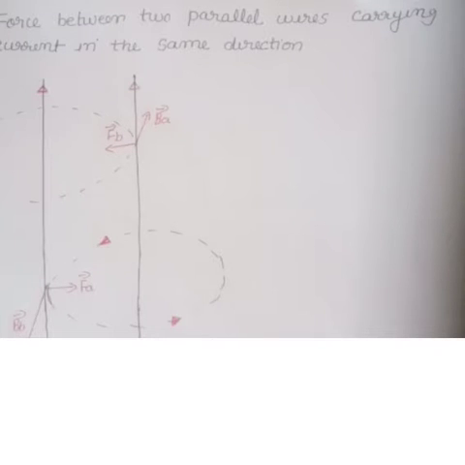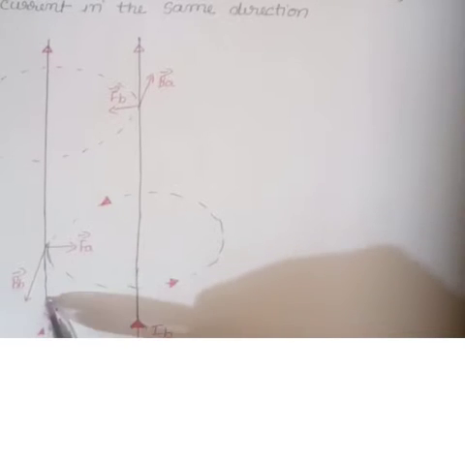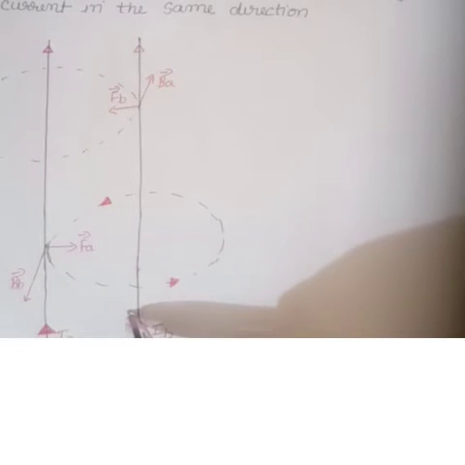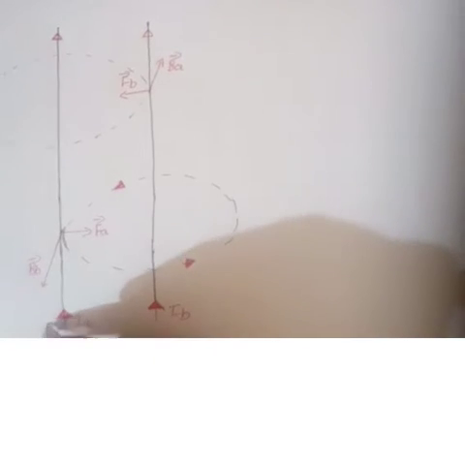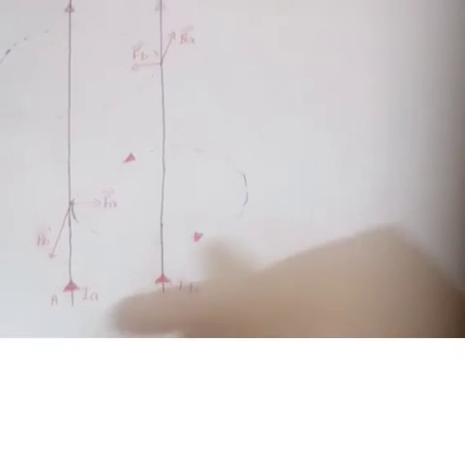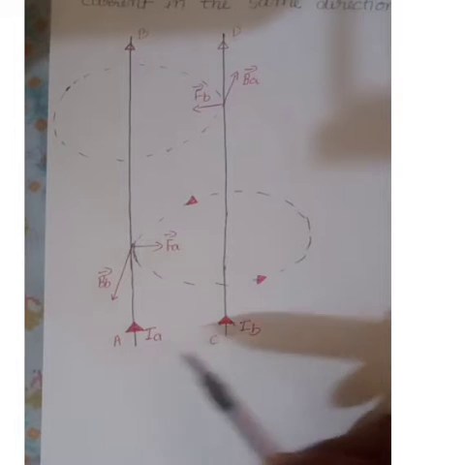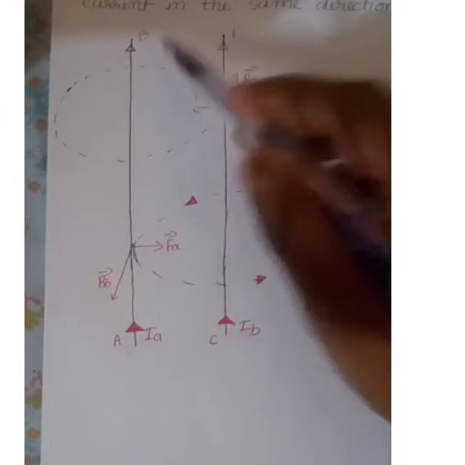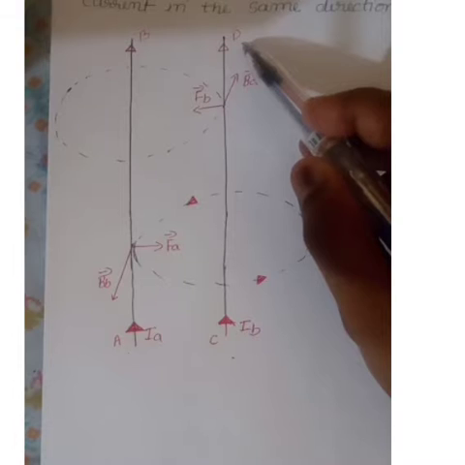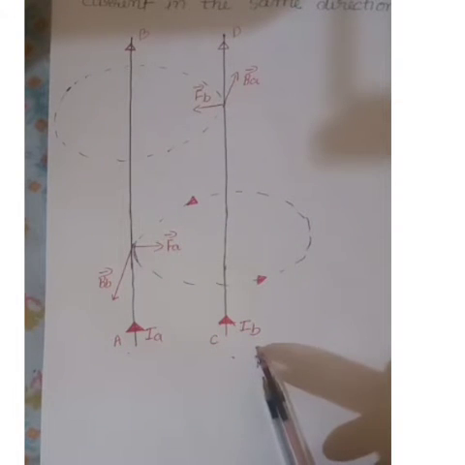First of all, you have to consider two long parallel wires, AB and CD, carrying currents IA and IB in the same direction.